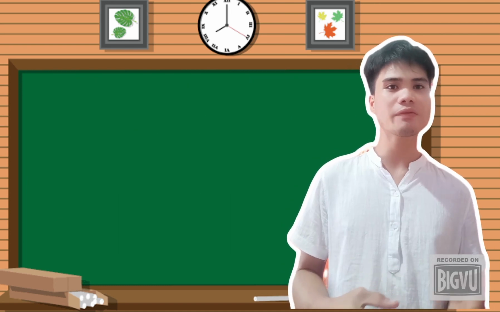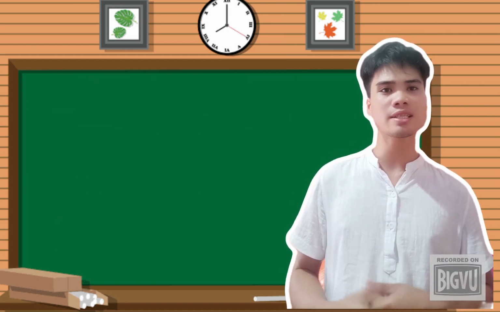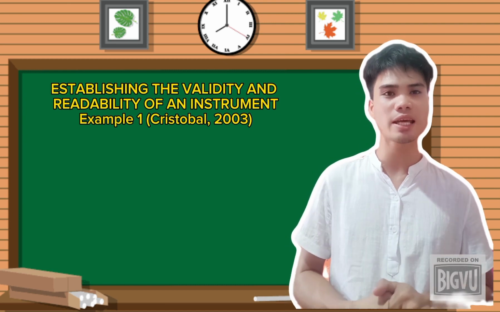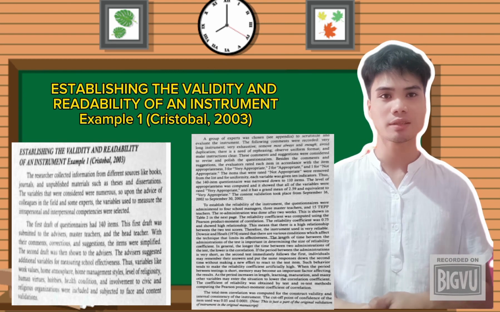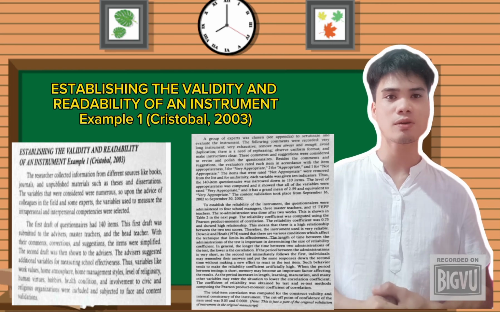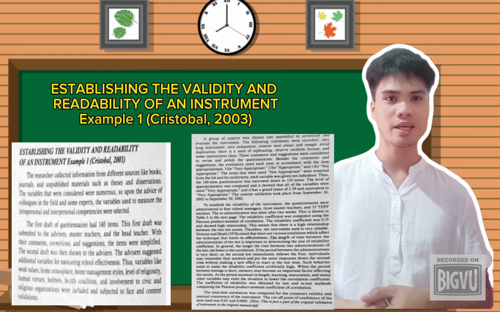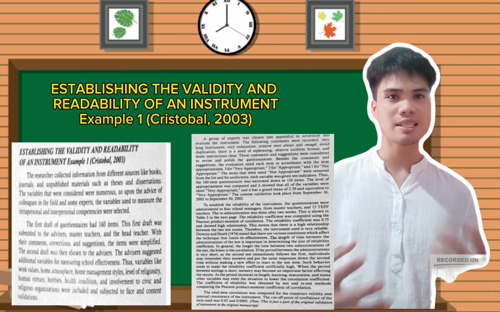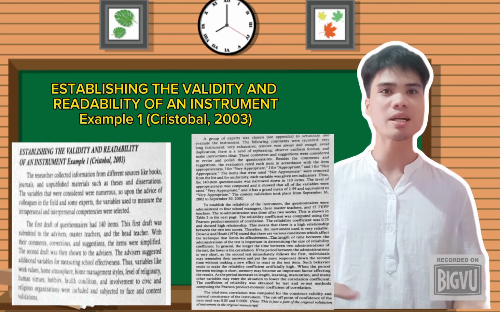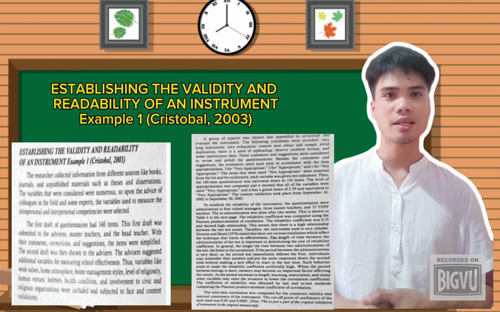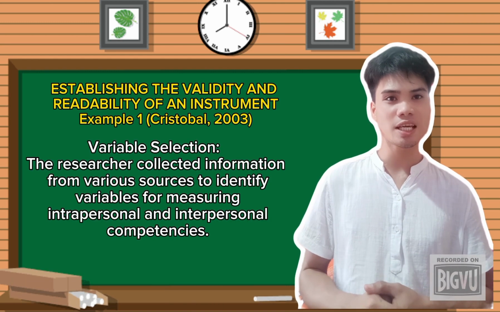So I have here an example of establishing the validity and reliability of an instrument. This is according to Cristobal of 2003. Since this is so lengthy, I will just summarize the main points here. First is the variable selection.